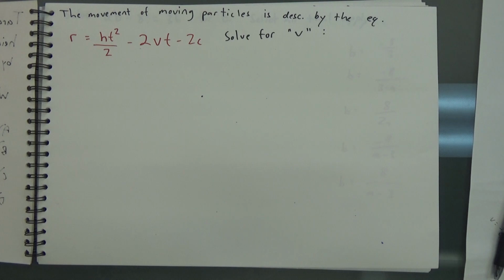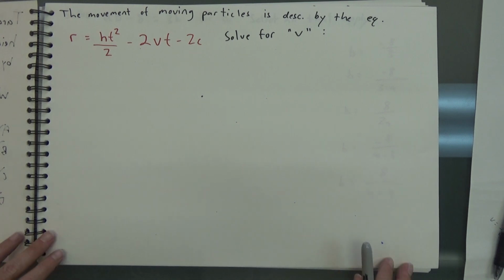The movement of a moving particle, or the movement of moving particles, is described by the equation r equals h times t squared over 2 minus 2vt minus 2c. Solve for v. Okay.